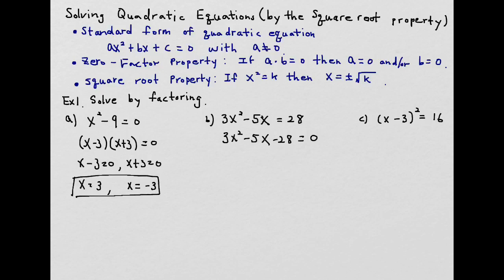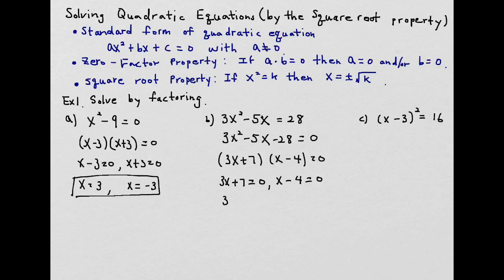This one you can factor by trinomial, where you get 3x plus 7 times x minus 4. Again, let both factors equal 0, then solve for each x.